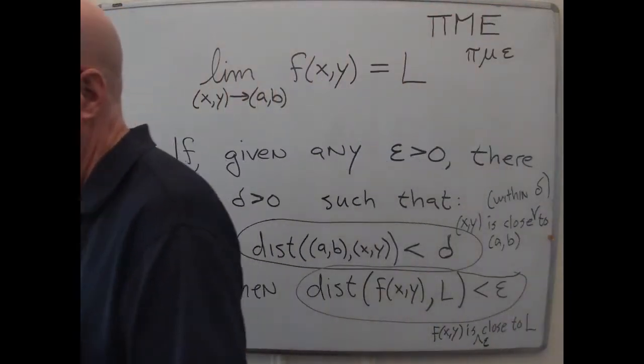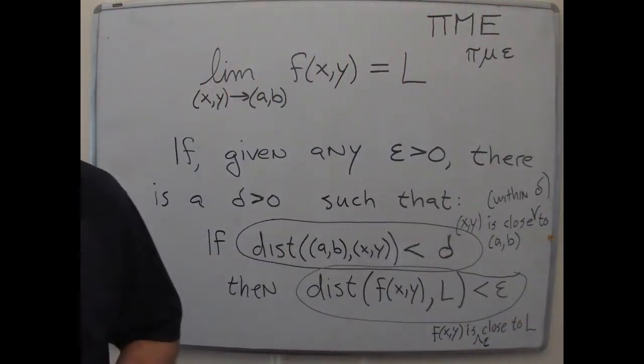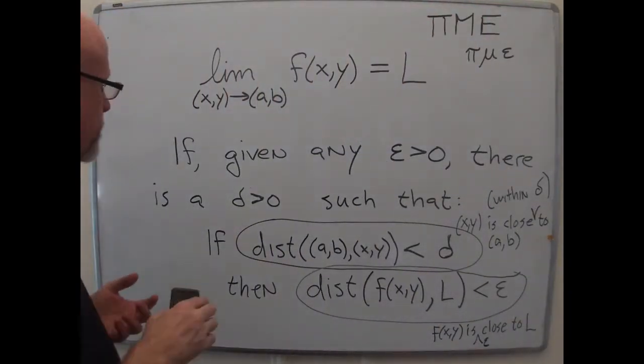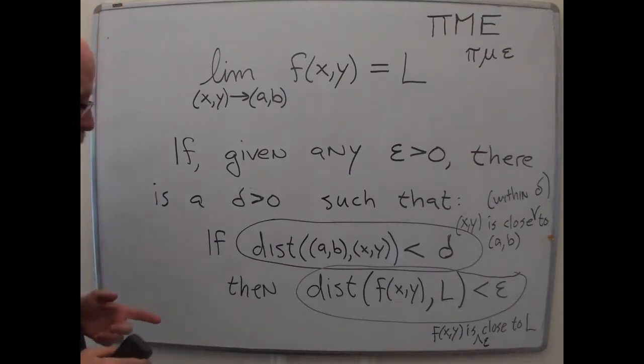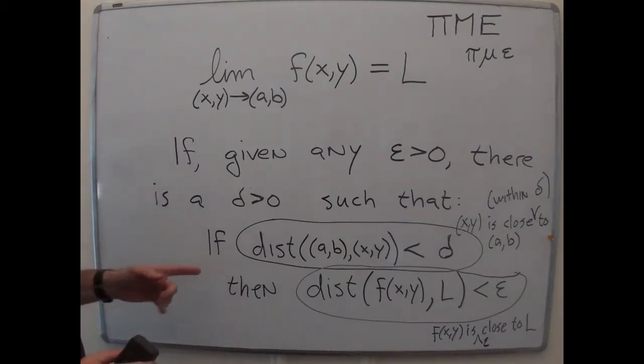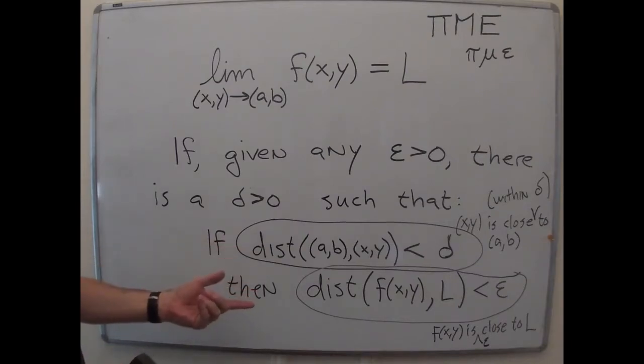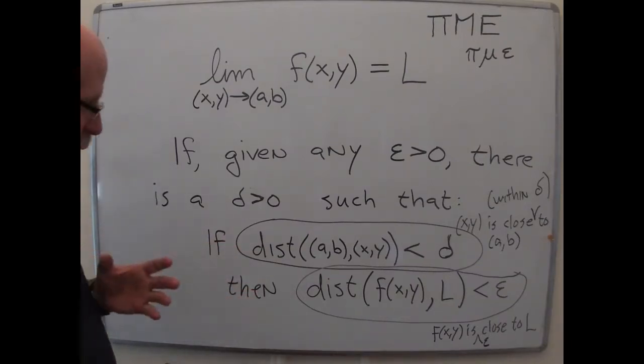Okay, so now let's give the version of this that appears in our textbook. First off, they use the phrasing of this if-then relationship in reverse, which I always hate.